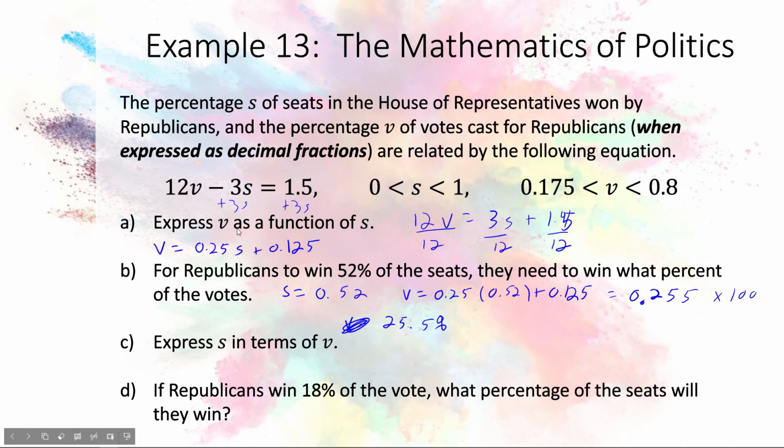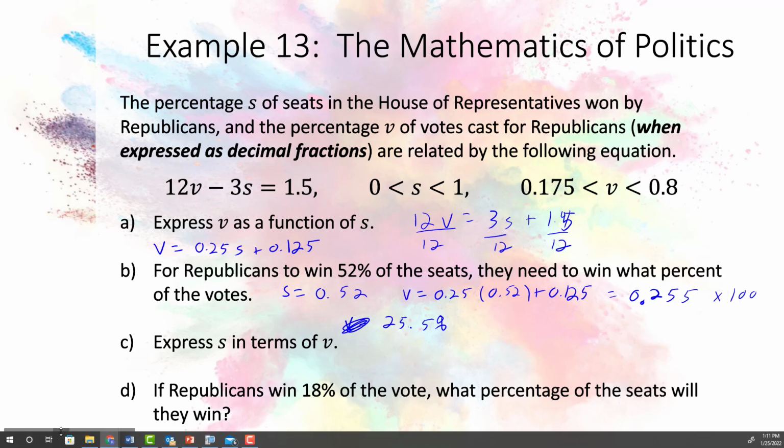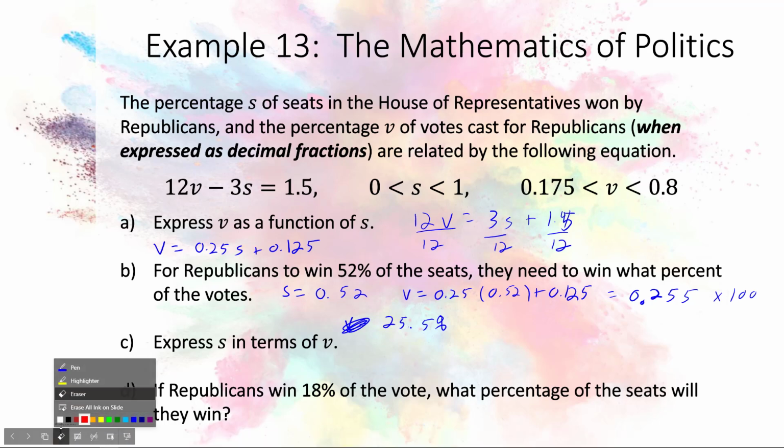Okay, now for the next part, we need to express S in terms of V. So let me get rid of that stuff. Let me get a red pen going. Okay, so here what we're going to do is subtract 12V from both sides, because remember we want to get S by itself.